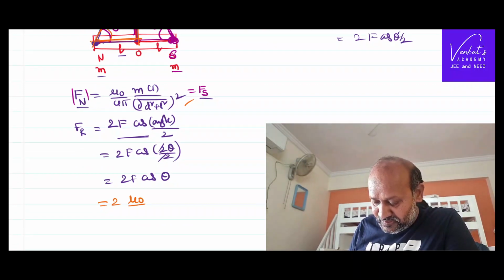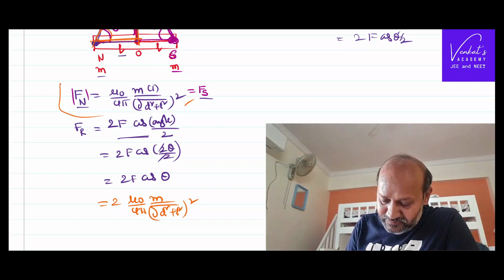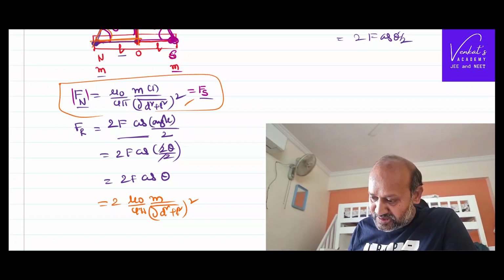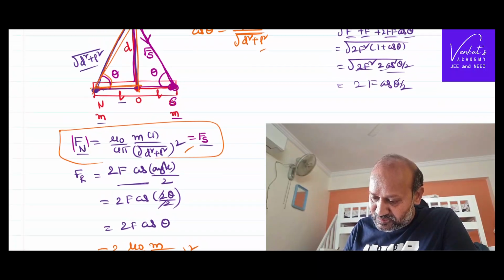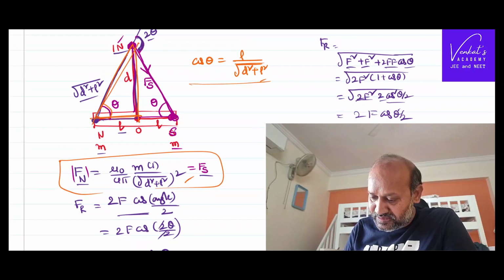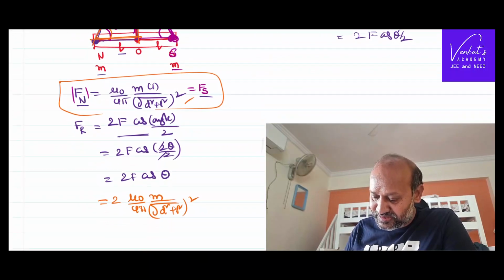What is F? Mu naught by 4 pi, m by (root of d square plus L square) whole square. This is the value of F, and cos theta. What is cos theta? As we have just now proved, this is the value: L by root of d square plus L square.